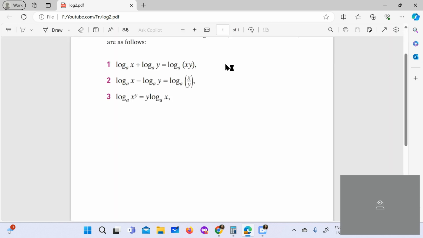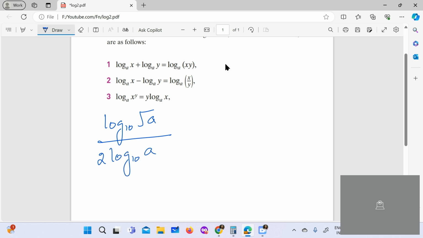Okay, so this is a little different. Log base 10 root a upon 2 log base 10 a. Okay. So what can we do? This thing first, this numerator we will convert it into this form, same as the denominator.